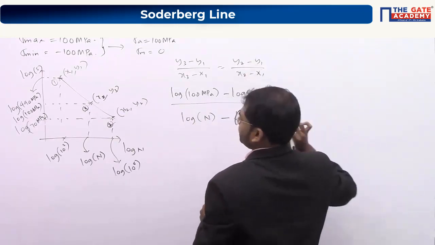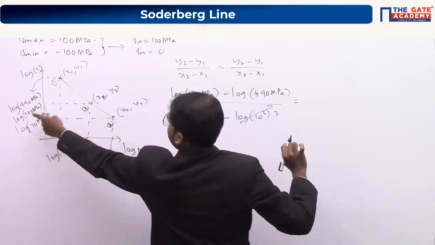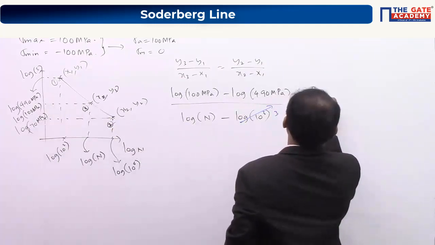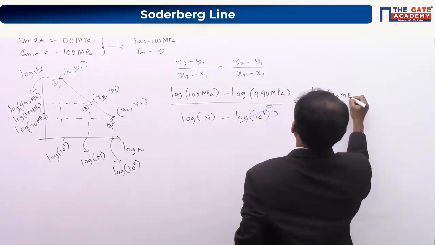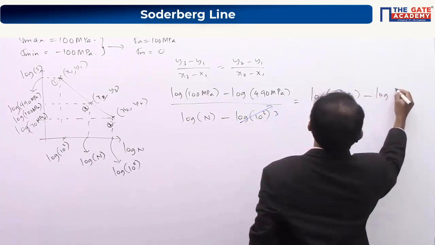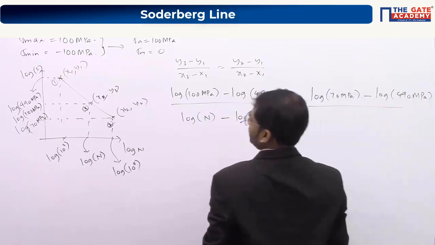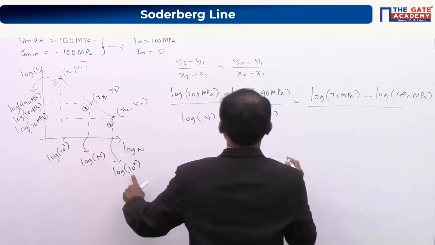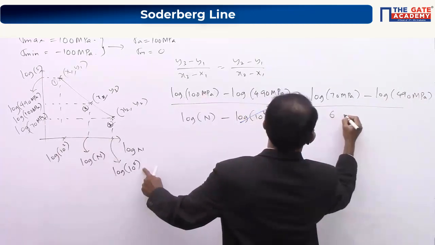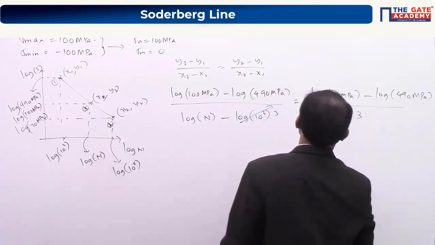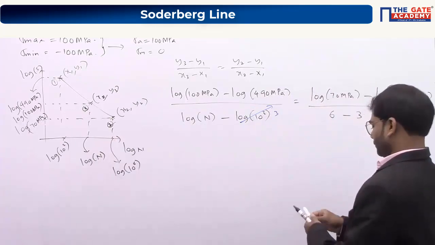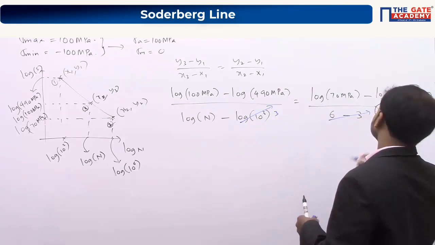So y2 minus y1 means difference of stress 70 and 490: log of 70 megapascal minus log of 490 megapascal, whole by x2 minus x1. So x value is here: log 10 power of 6, that is 6, minus log 10 power of 3, that is 3. Okay. So this value becomes 3 itself.